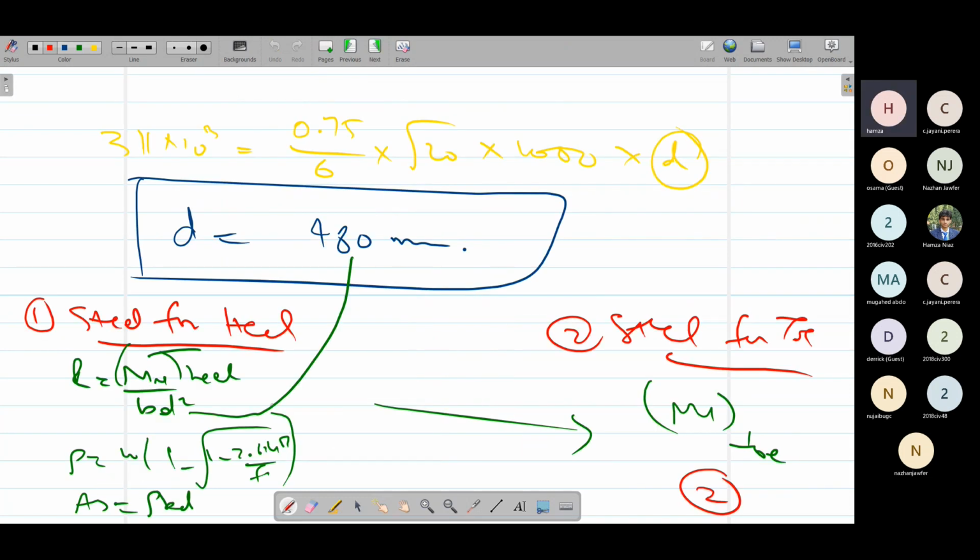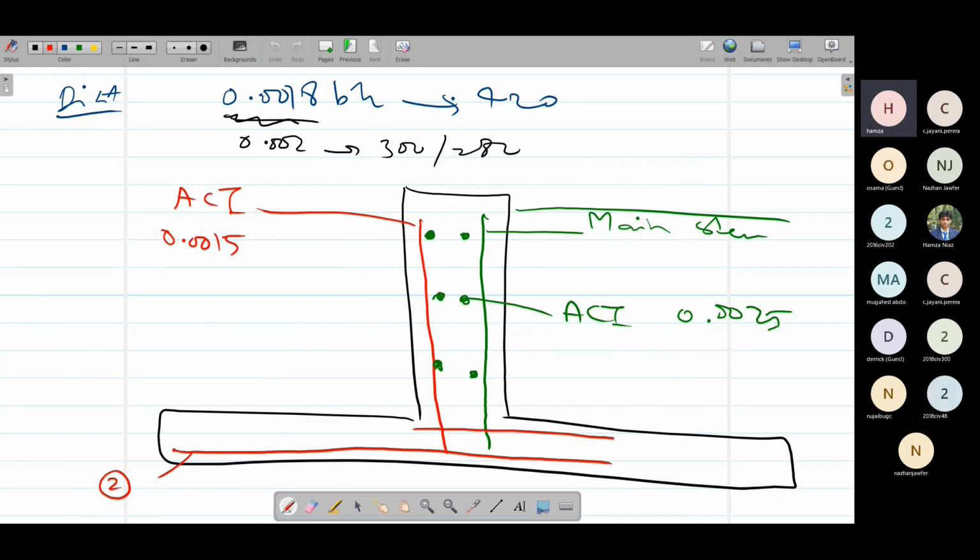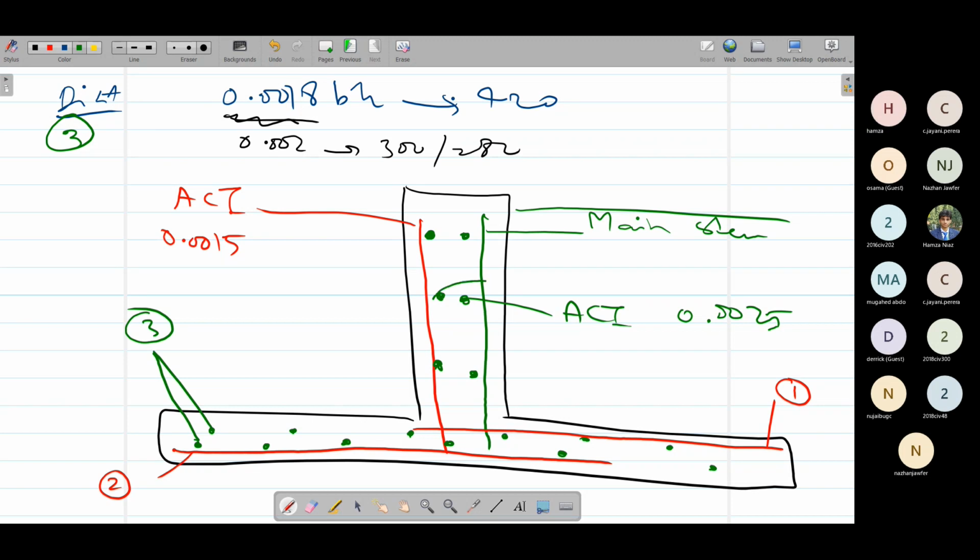And for example, this area of steel was 1, so the heel area of steel would be provided here. This is 1. And finally the distribution steel would be provided like this on both faces. If I call this distribution steel as 3, so both are 3. Okay, this is how we are going to detail the retaining wall.